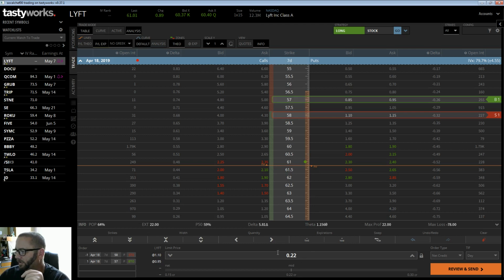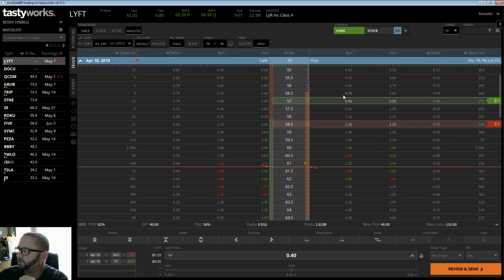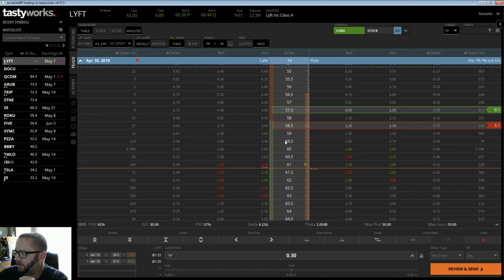And this dollar wide is only 22 cents. To me, that's below the 25. I wouldn't consider that type of trade. You'd have to go up a little bit further to get your dollar. So right there, you could do 58 and a half, 57 and a half, and get your third. But that's just me. Again, it's preference.